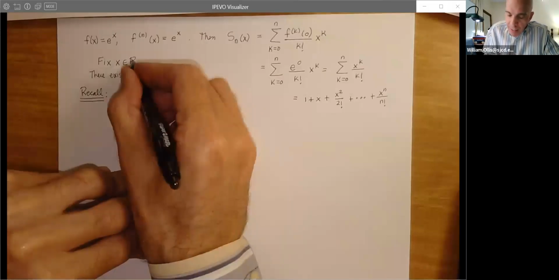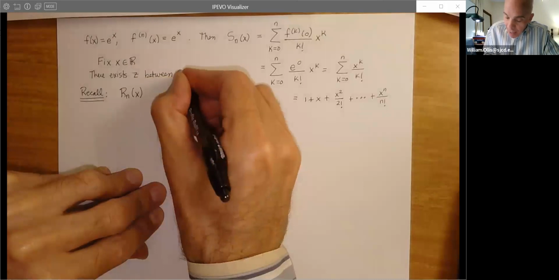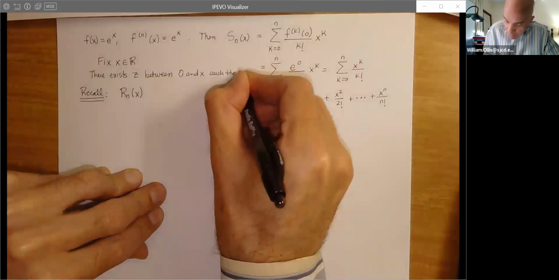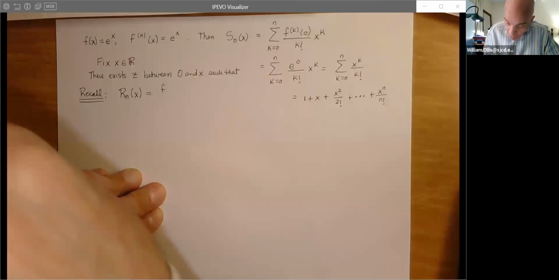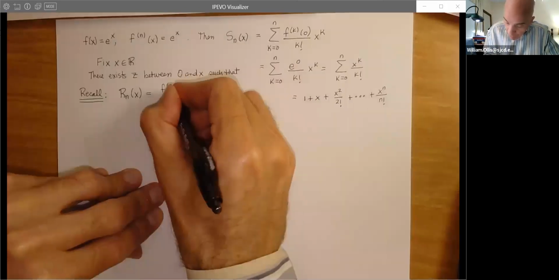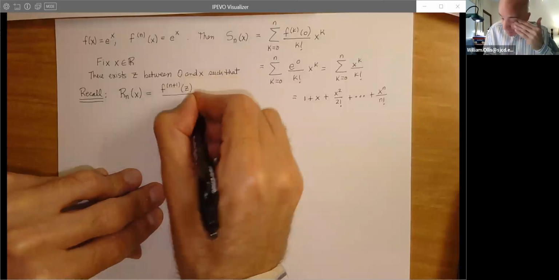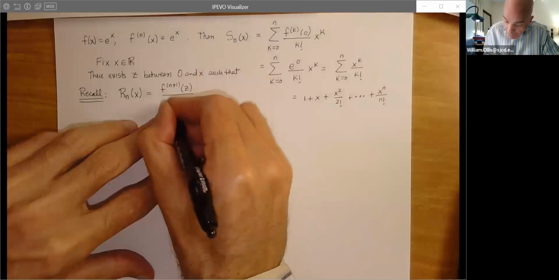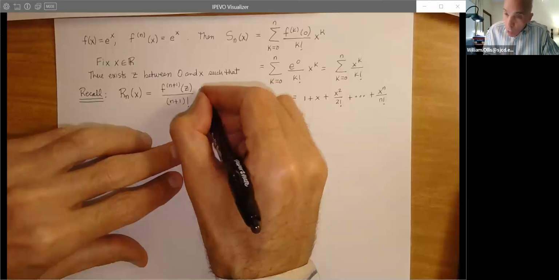We fix an x, and then there is a z between c, which is 0, and x such that the remainder term is the n plus first derivative evaluated at z divided by n plus 1 factorial, and then we have x minus c, or just x, to the n plus 1.